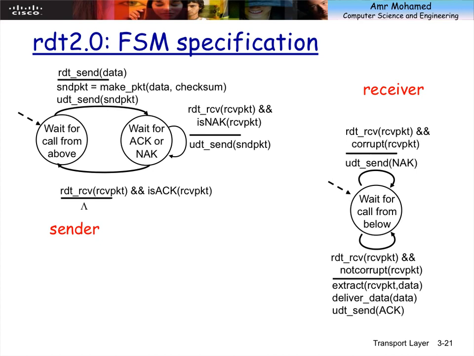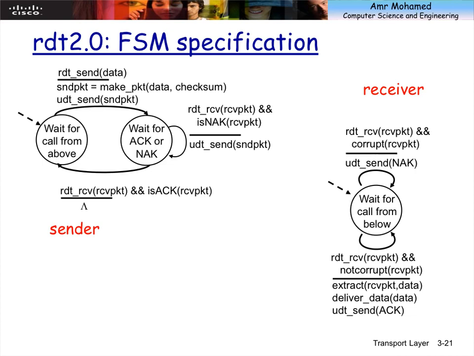So I do two things here. It makes sense that it's one state, because the only thing I wait for is a packet to come from below. I don't have to wait for anything else, right? So it makes sense that it's one state.